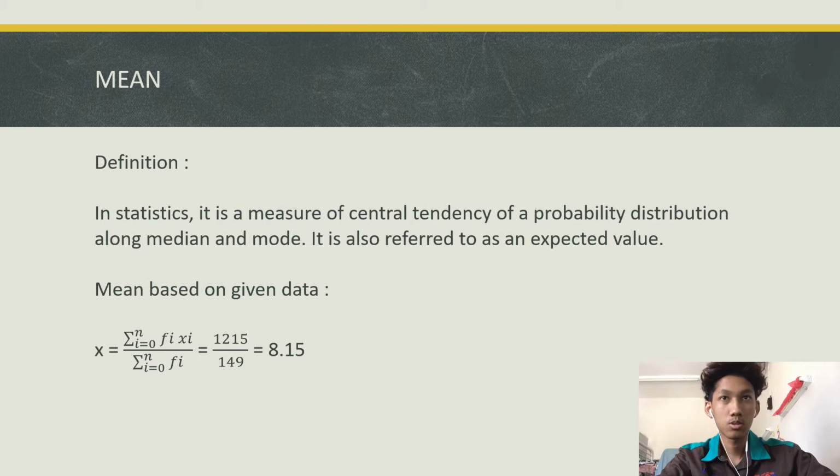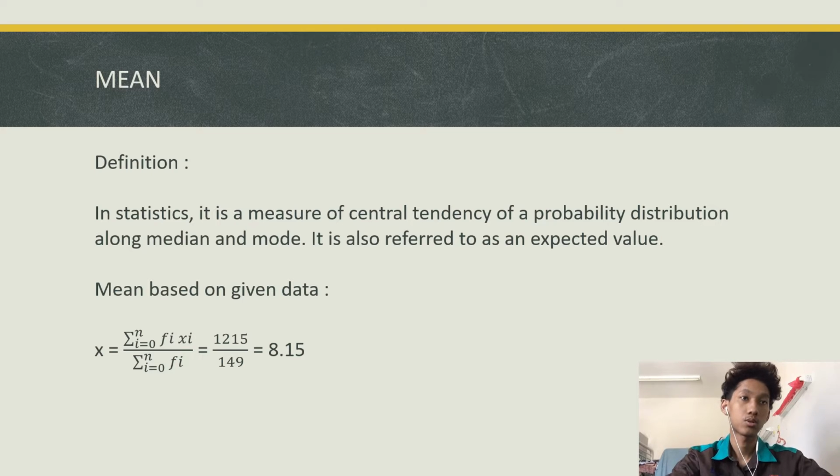So now I'm going to talk about the mean. What is mean? Mean, basically in statistics, is a measure of central tendency of a probability distribution along with median and mode. It is also referred to as expected value.